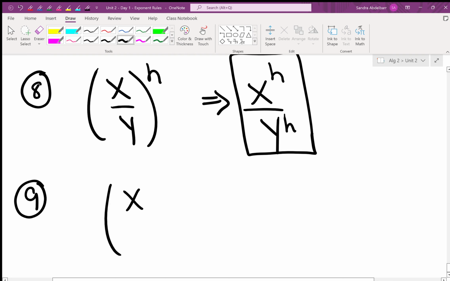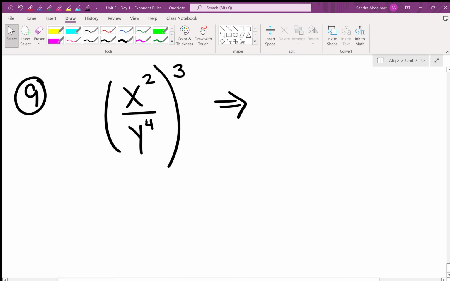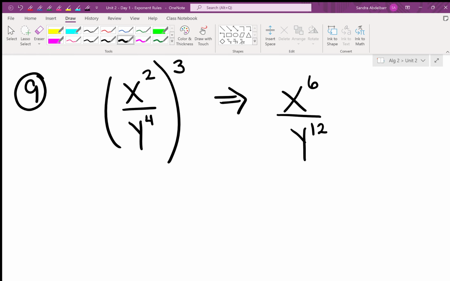Let's say I have x to the second over y to the fourth raised to the third power. What's that going to be? X to the 6th power over y to the... You got it, x to the 6th over y to the 12th.